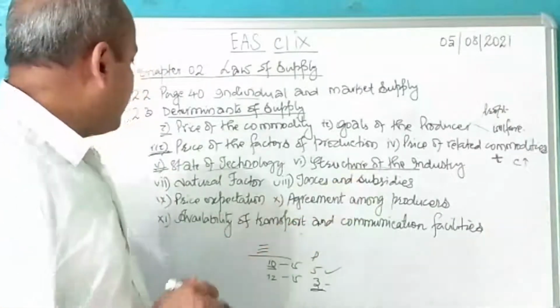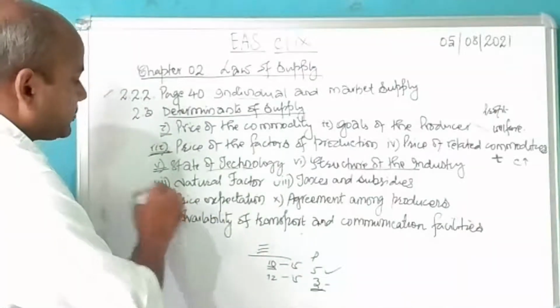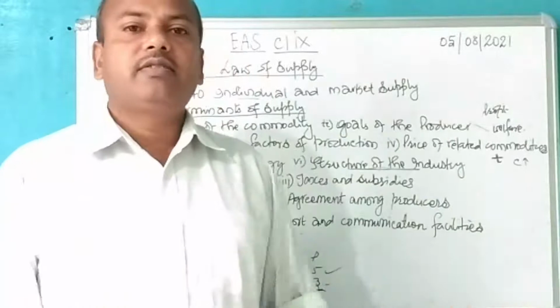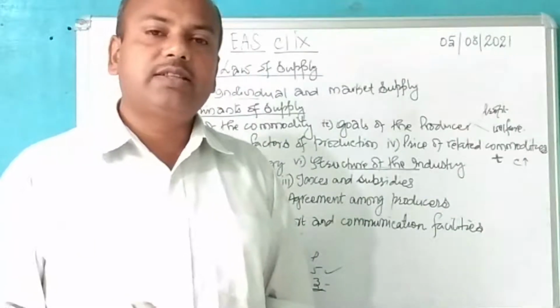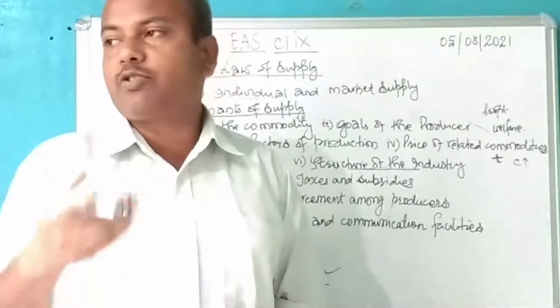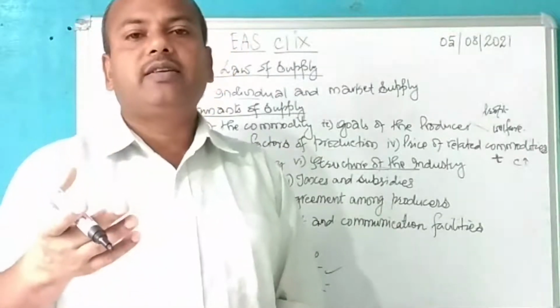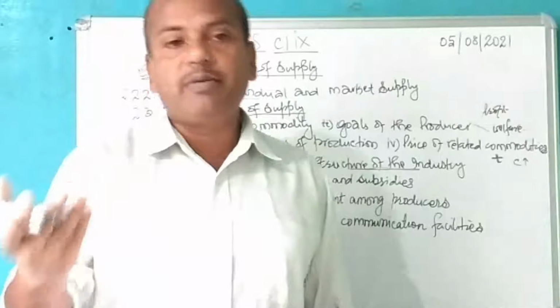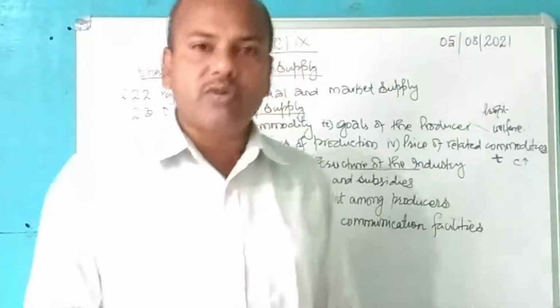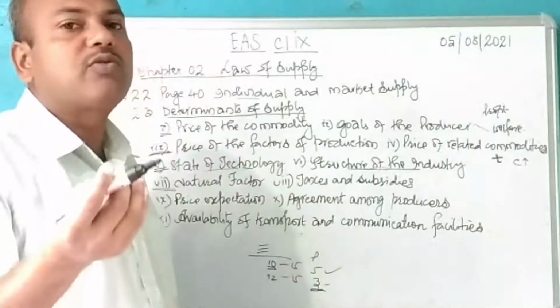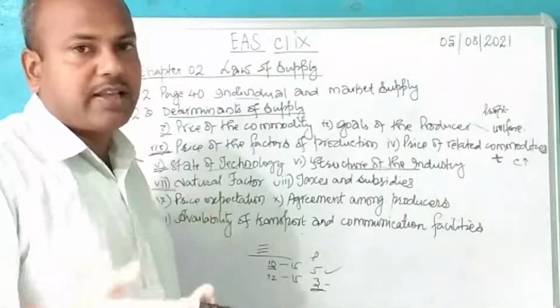We move on to natural factors, like rainfall. If you have enough rainfall in this season, production of paddy will be high, so supply will be more. If there is no good rainfall, then no good crop will be produced, hence the supply also will be less.